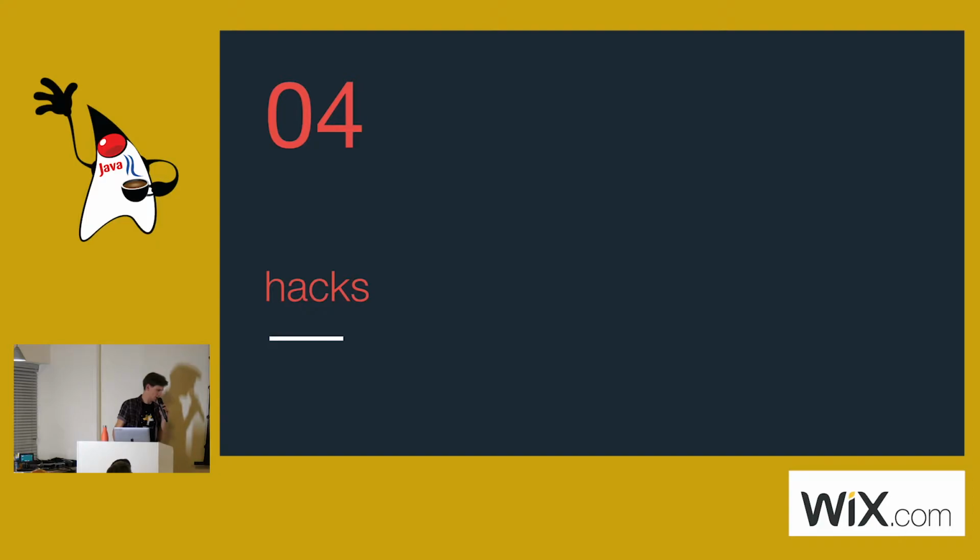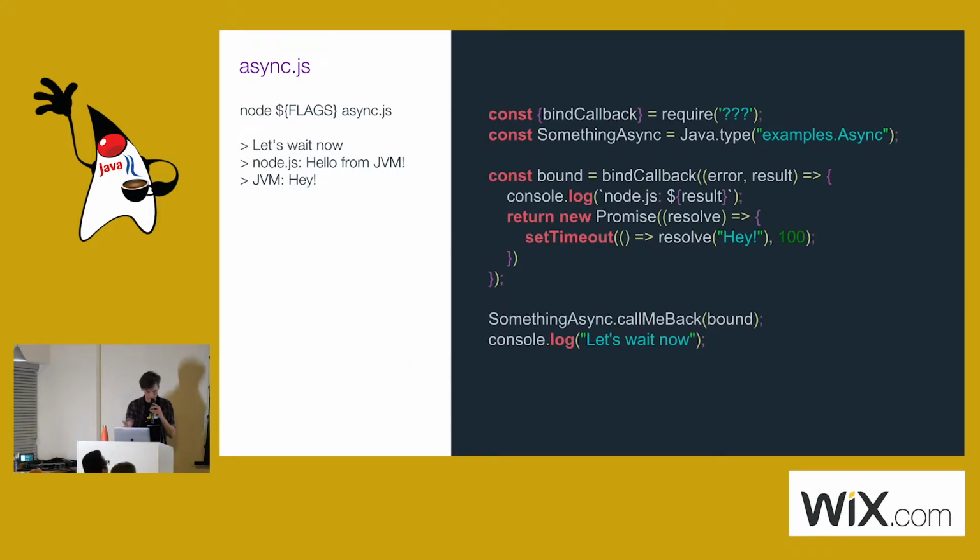Because what if we really want to call asynchronous code from, well, what if we really want to do that? So we want something like this, right? You can see there are these question marks. So let's just live for a while in magic la la land, and say that there exists some library that defines a function bindCallback.